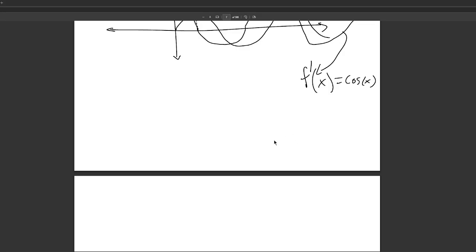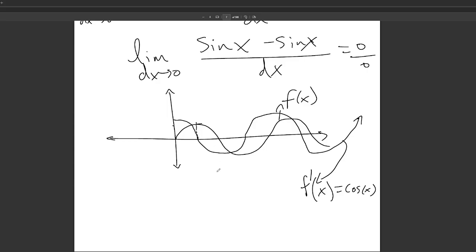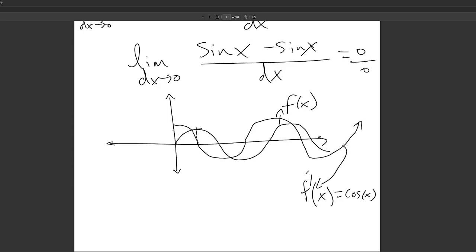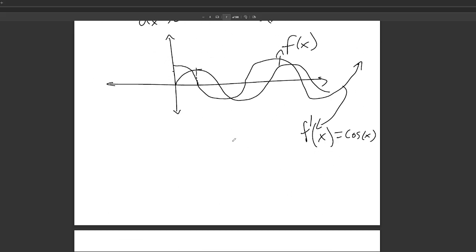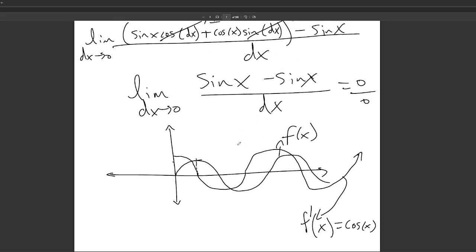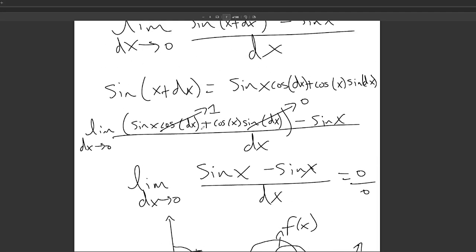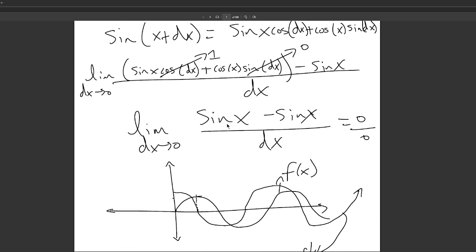So we had it correct up to this point, and then they want to rewrite it so that it was sine x minus sine x, plus cosine x. Do you have this part written down?